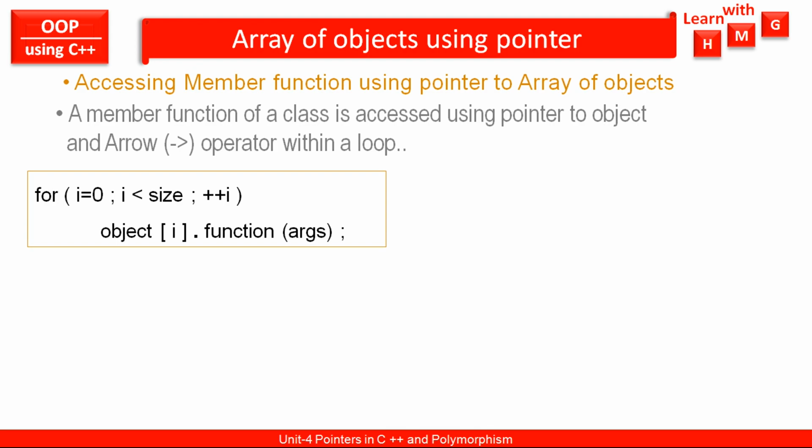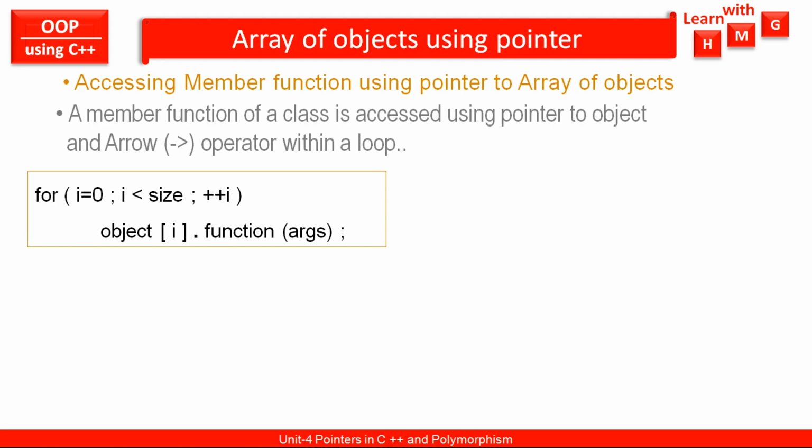So object of i, which is indicating an individual object element of an array, is calling a member function with arguments. So like this, object of i dot function with arguments within a loop. Here the function will be repetitively called for n number of object elements within the array of objects.